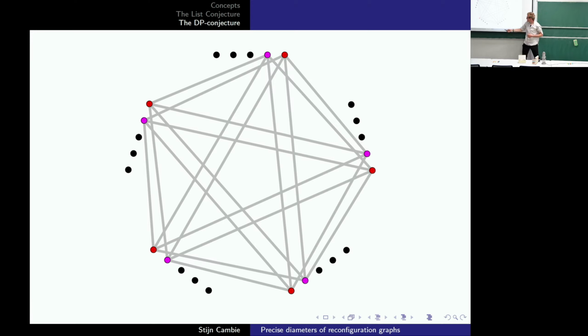One can note that every red vertex is now connected with the purple ones and vice versa. So if we want to reconfigure the correspondence colorings from the red one alpha to the purple one beta, we can only recolor red into purple if the 4 neighbors are not colored red.